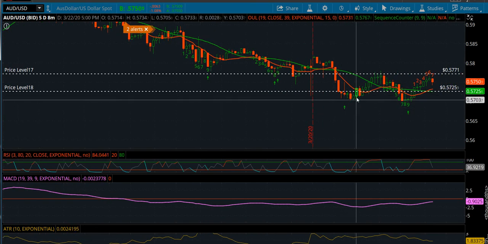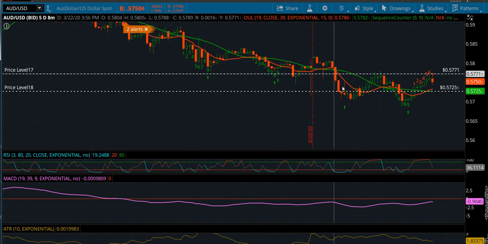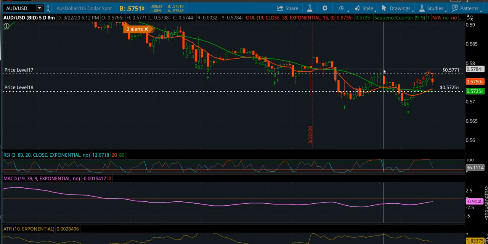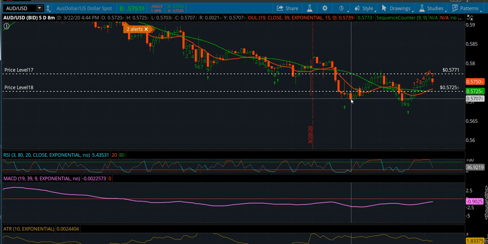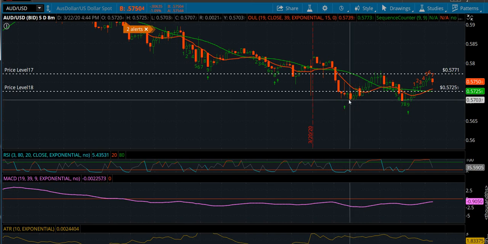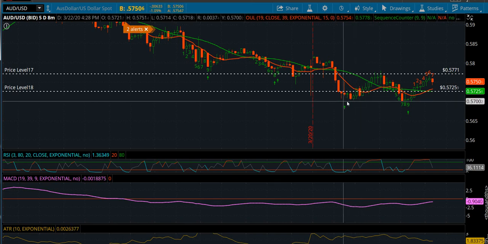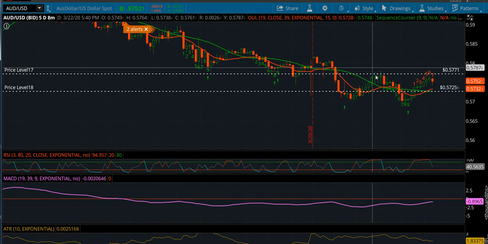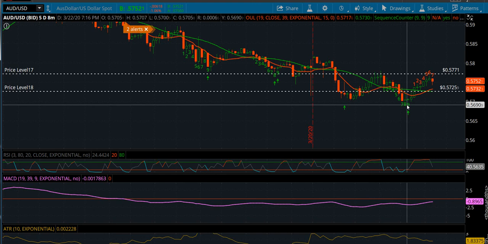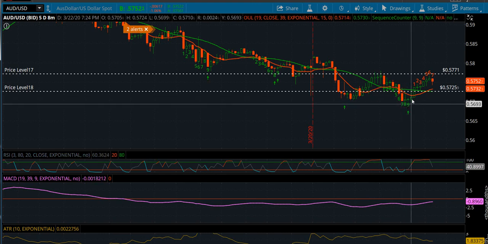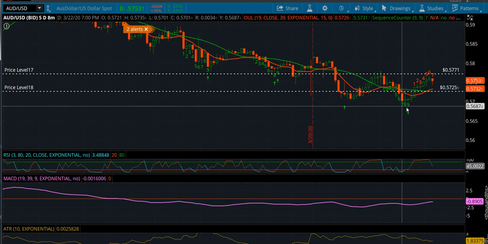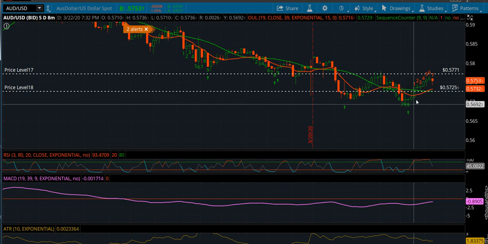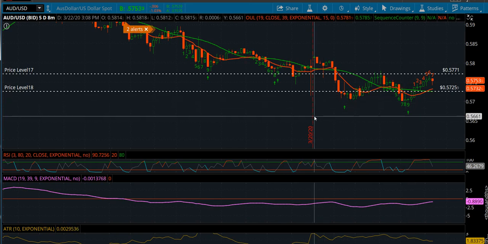This is a swing point right down here. It was coming down and it reversed. That's a swing point. This can be support also. Came up, that's a swing point. Reversed, came down. Got down here, reversed, that's a swing point. Okay?